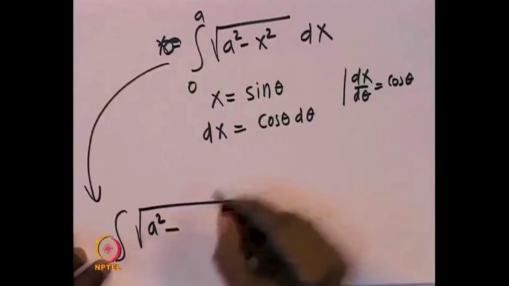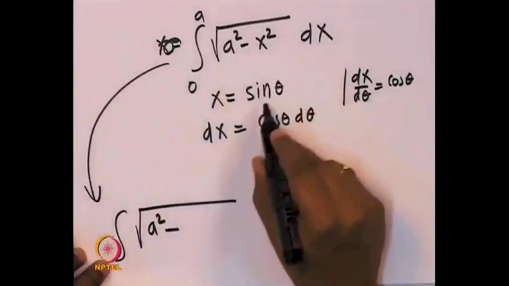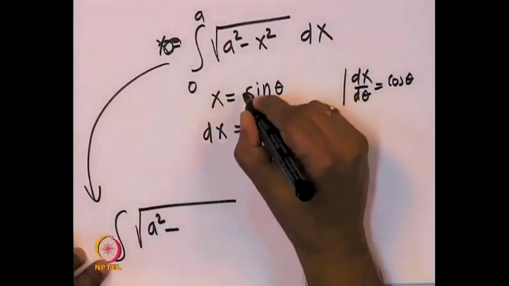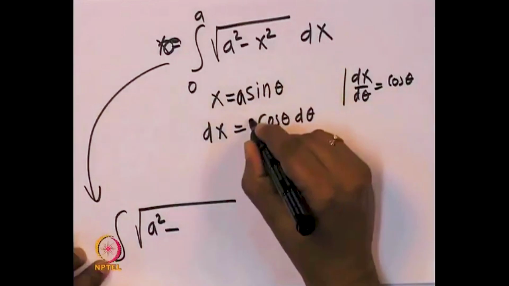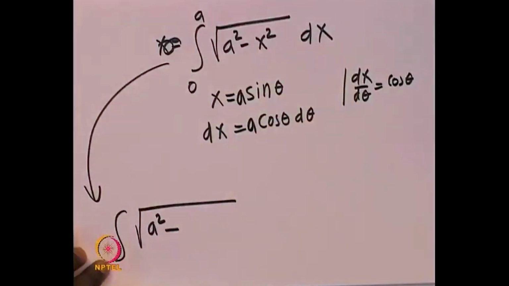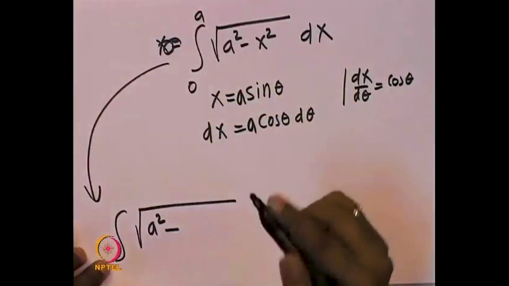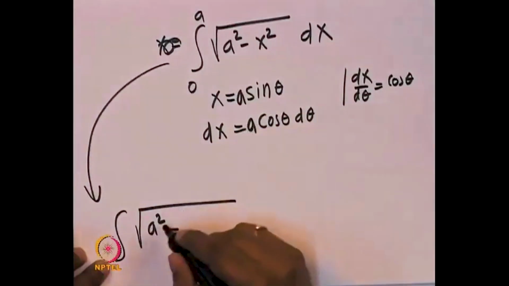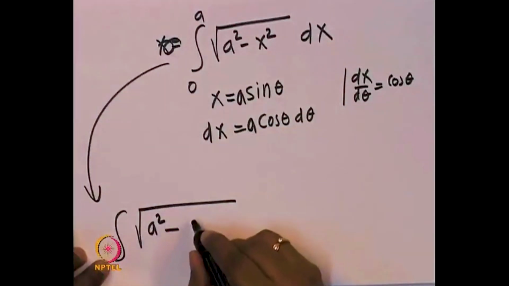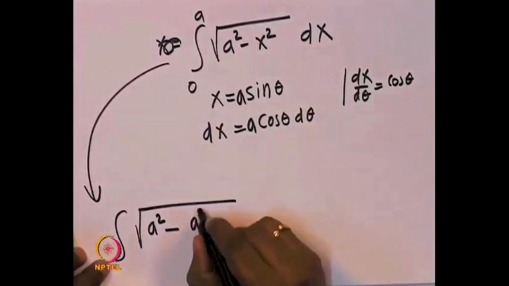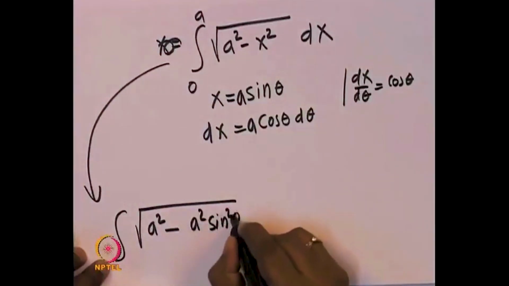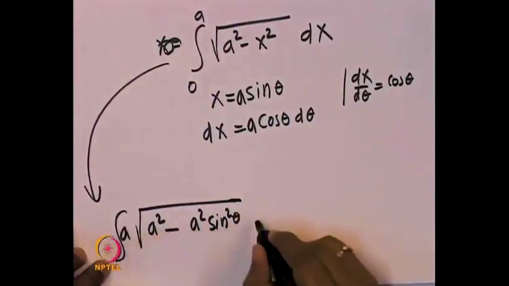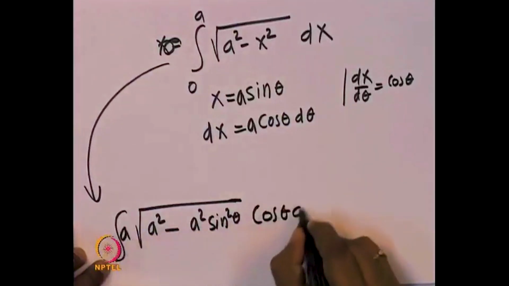It is more sensible to substitute x is equal to a sin theta. So, this will have dx as a cos theta d theta. So, x is equal to a sin theta, you have a square sin square theta, and dx is a cos theta d theta. So, you will have a here and you will have cos theta d theta.